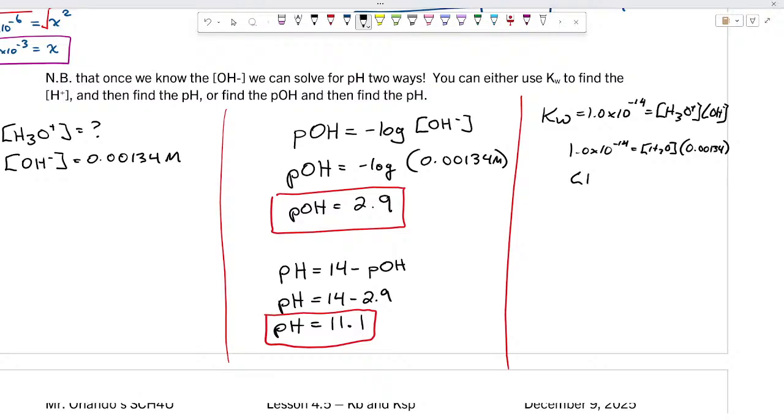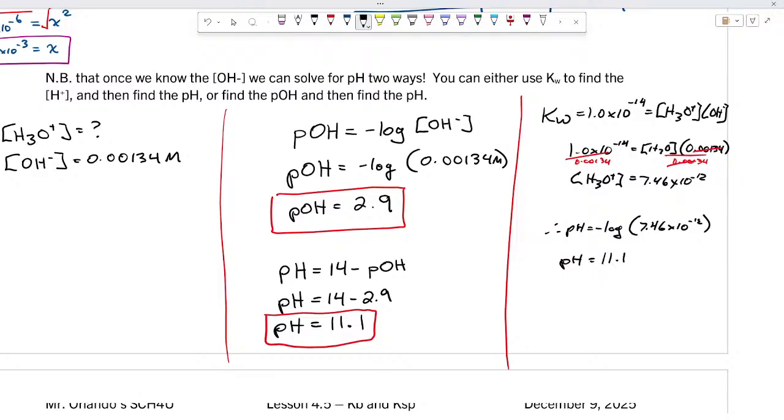We could have said the concentration of H3O plus is equal to, and divide both sides by that. What would we get? Someone do that for me. Times 10 to the negative 12. And then we could have said, therefore, pH is equal to the negative log of 7.46 times 10 to the negative 12. And that should give us 11.1.